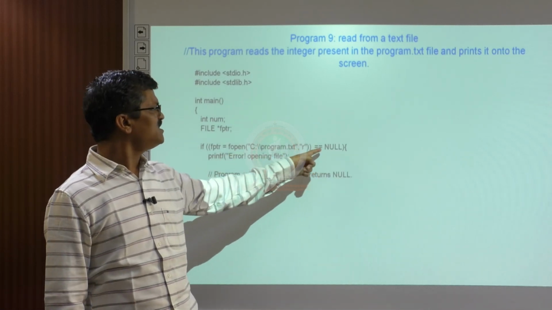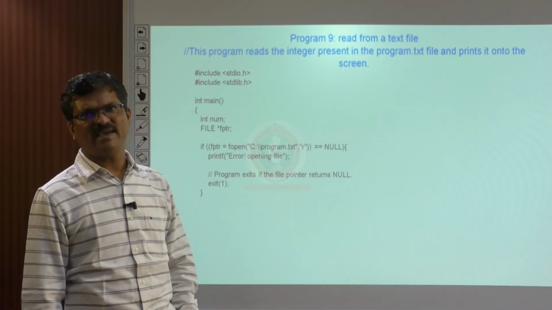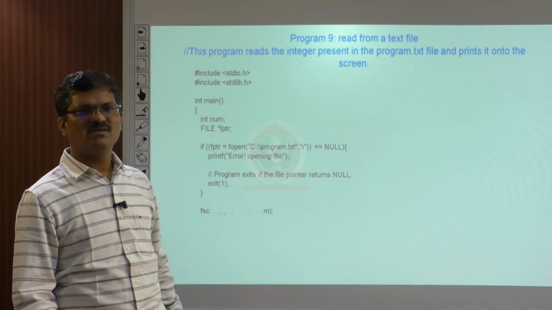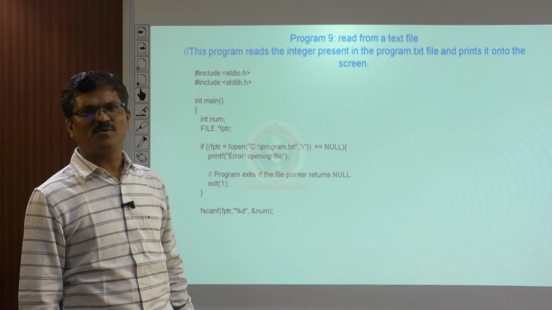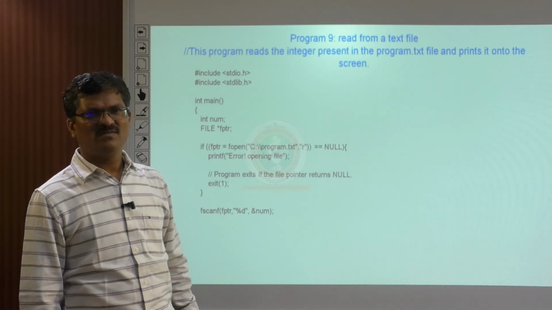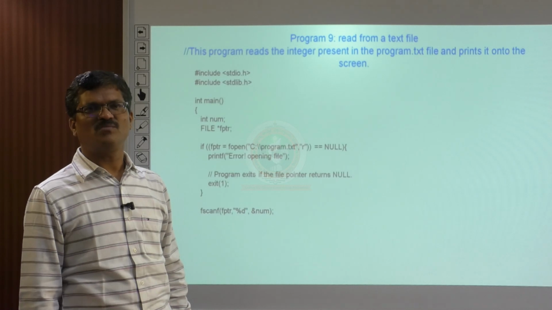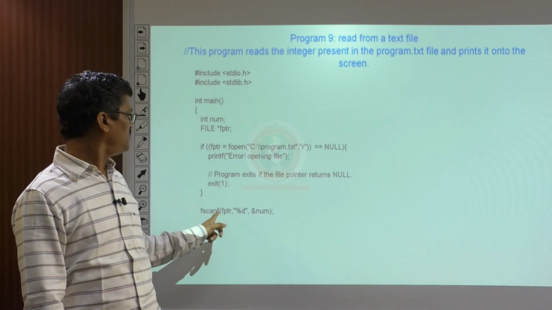If fptr is equal to null, then there is an error and we come out. Otherwise, if program.txt is there, then you read the content out of program.txt. How? Make use of fscanf.